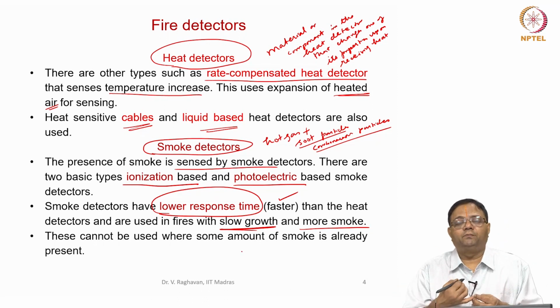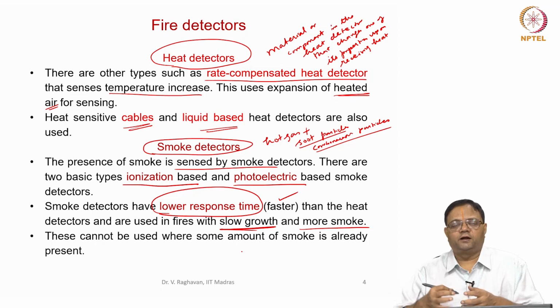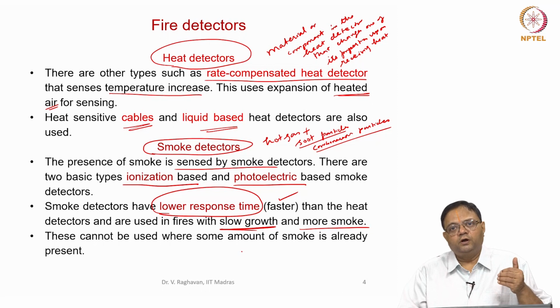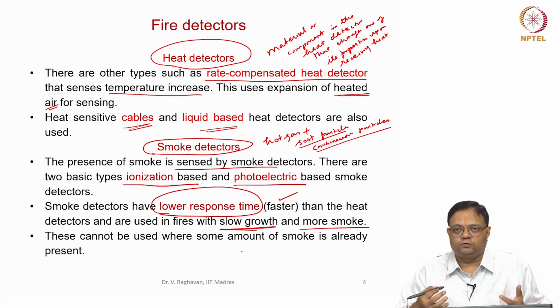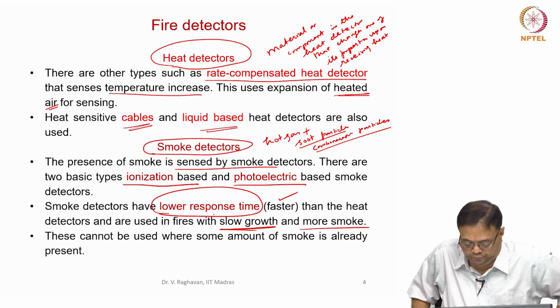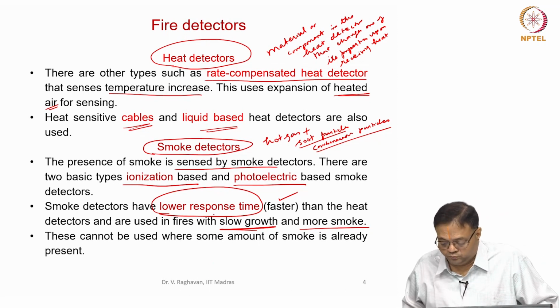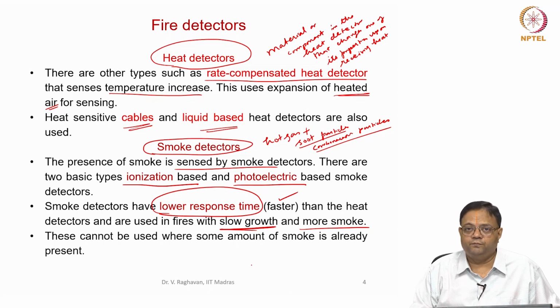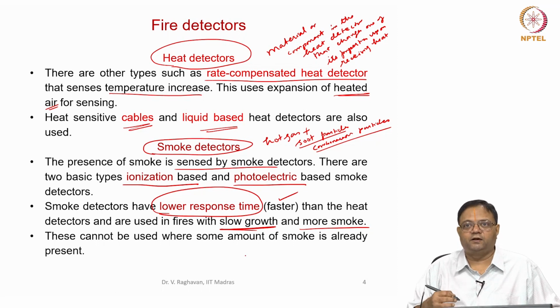So, you know the application, and based upon the application you put heat detectors wherever required. But in the case of smoke detectors, you should ensure that a good amount of smoke is formed, but the rate of fire growth can be slower because they have lower response time. And also, if there is an application where smoke is already present, then this cannot be used to detect a fire in that environment.